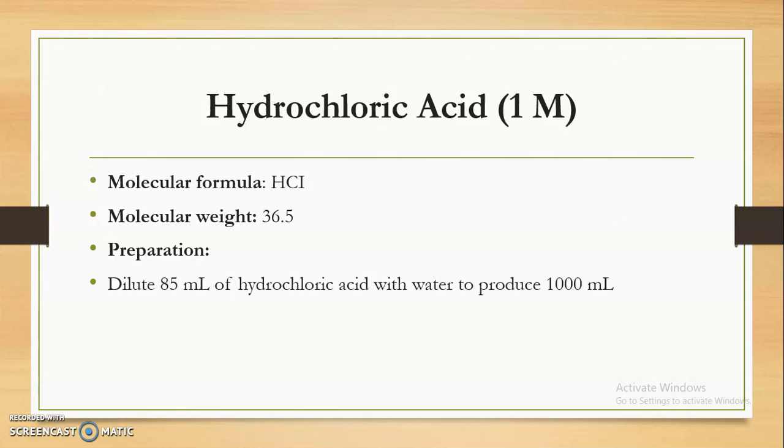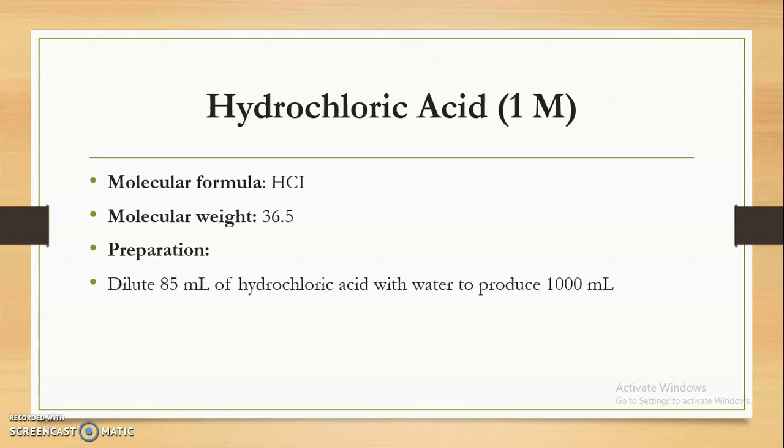But as we know, hydrochloric acid is available in liquid form. We have to convert how much volume of hydrochloric acid is necessary to take into the 1000 ml. That's why, by performing different calculations, we come to the conclusion that we have to take 85 ml of hydrochloric acid. Now why 85?